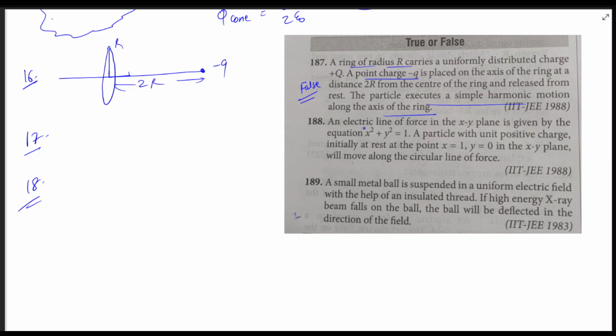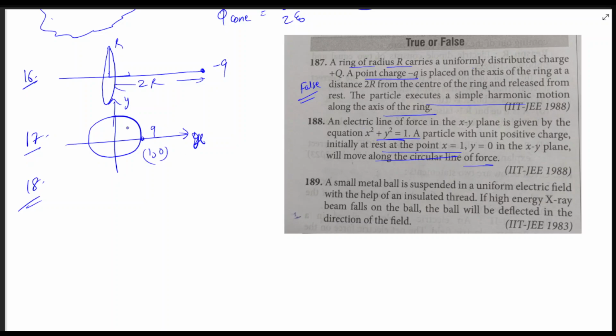Next. Electric line of force is like this: a particle with unit positive charge initially at rest. Okay, so we have electric field in this circle only. There is no field inside, there is no field outside. This is x, this is y, and the particle is here on this part, right? It has charge q. Will it move along the line of force?